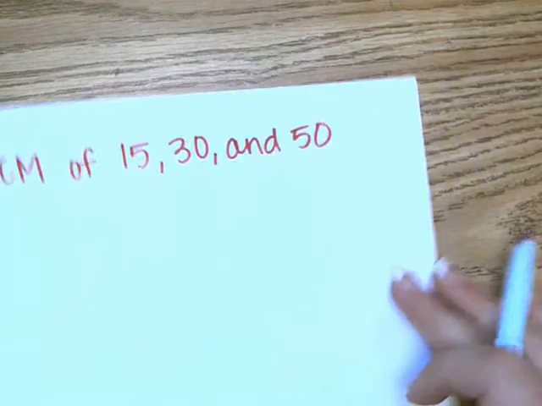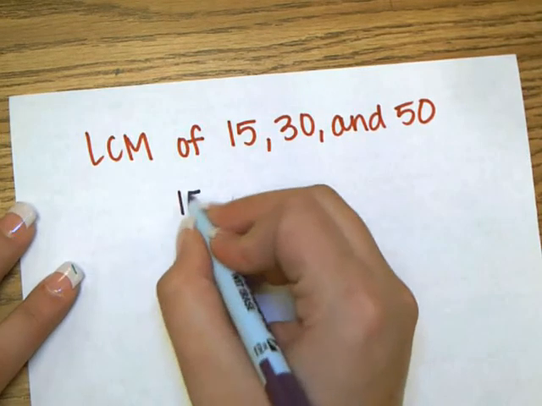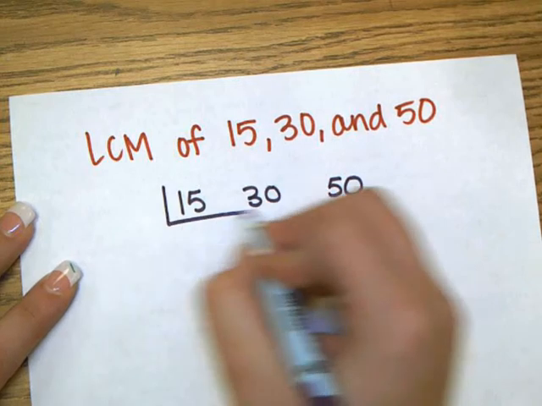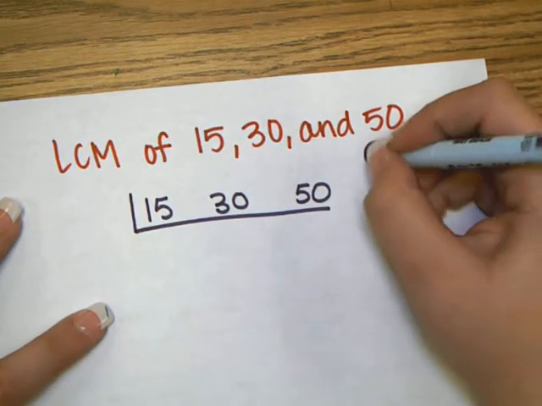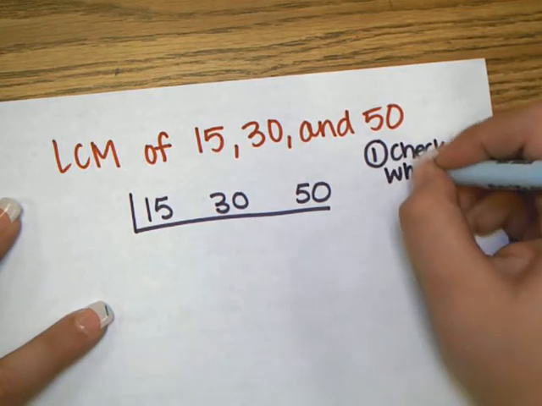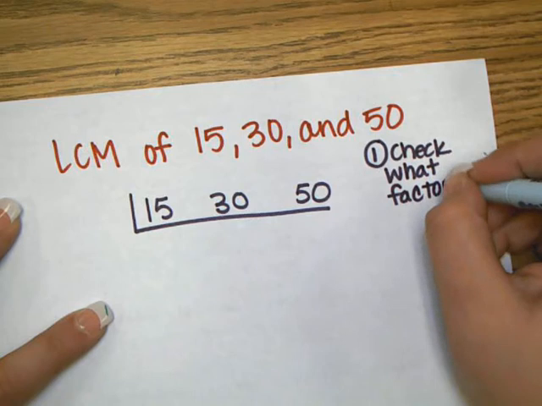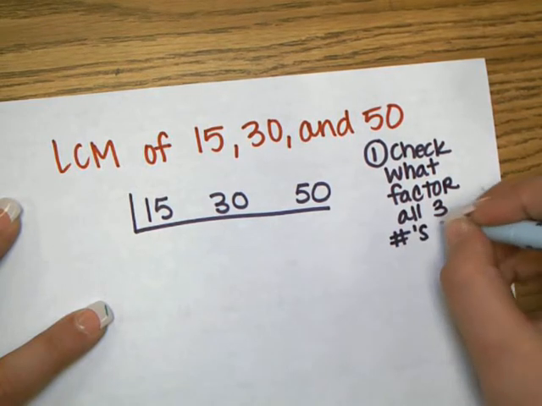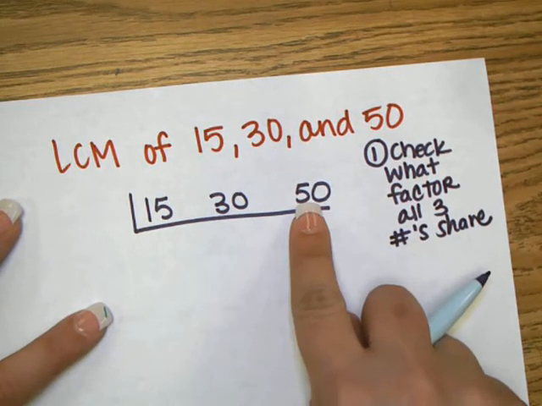Okay, now let's talk about where it gets a little bit tricky, but with practice, not so bad. It's if we have more than 2 numbers. If we had 15, 30, and 50, the first step, and if you skip it you won't get the right answer, is you have to check what factor all three numbers share.